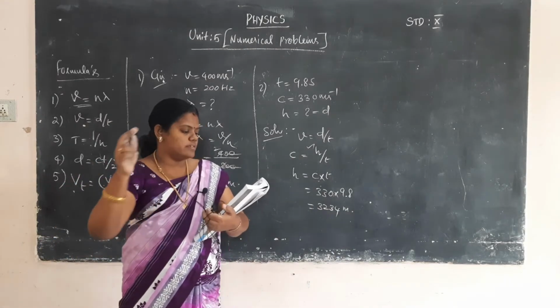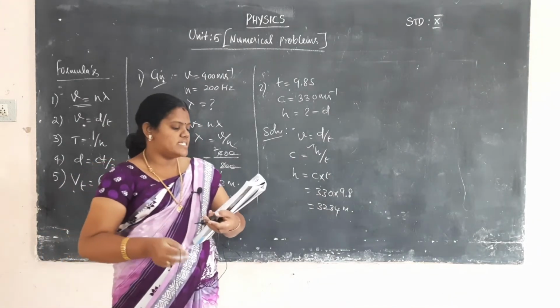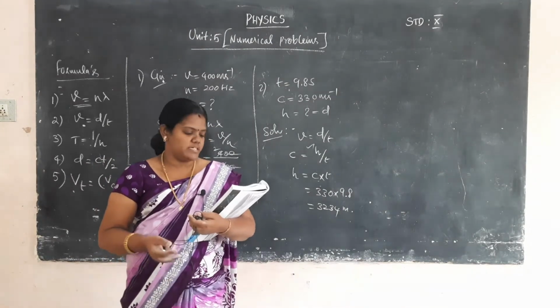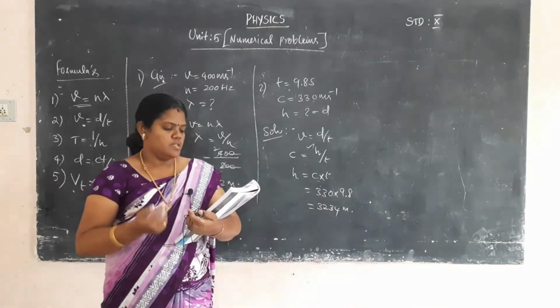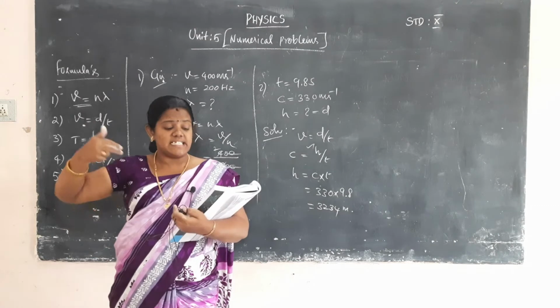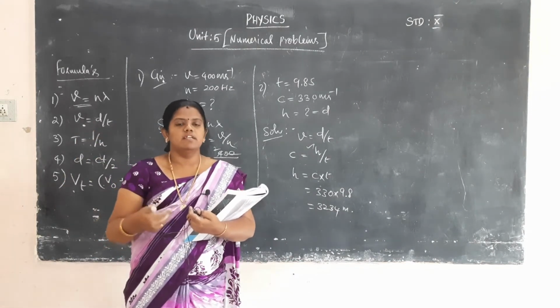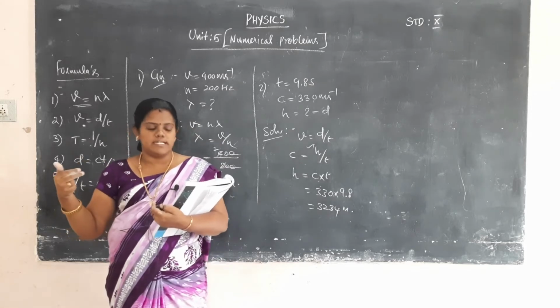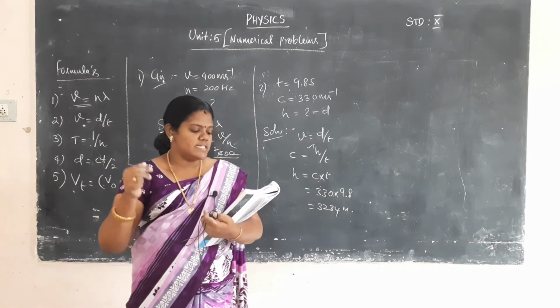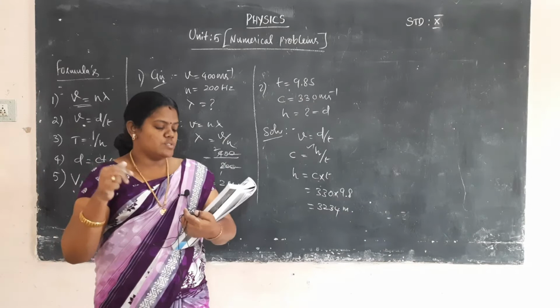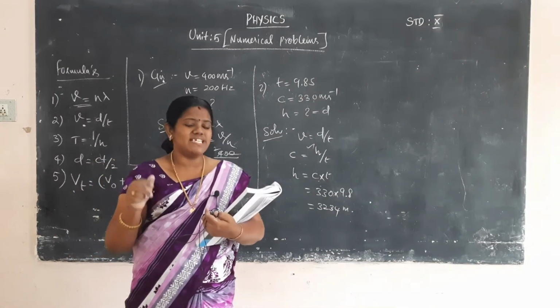Okay, and the third problem: a person who is sitting at a distance of 400 meter from a source of sound. One person is sitting away from the source, that is 400 meter. The person is listening to a sound of 600 Hz.